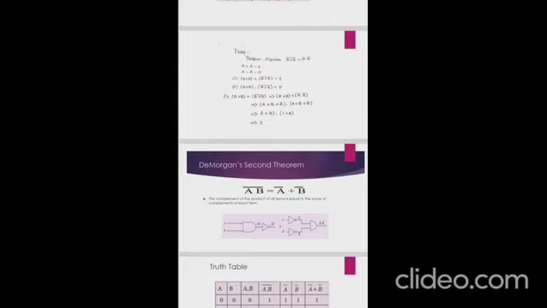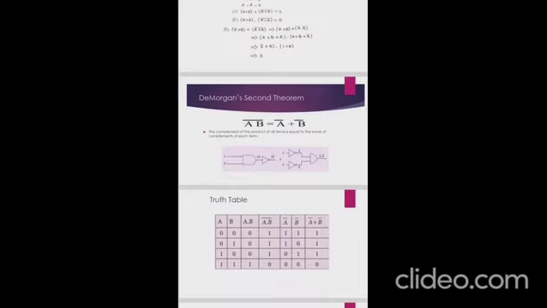Next we can prove this second statement also: (A + B) dot (A + B) whole bar. Using De Morgan's first theorem, (A + B) whole bar is replaced as A bar dot B bar.